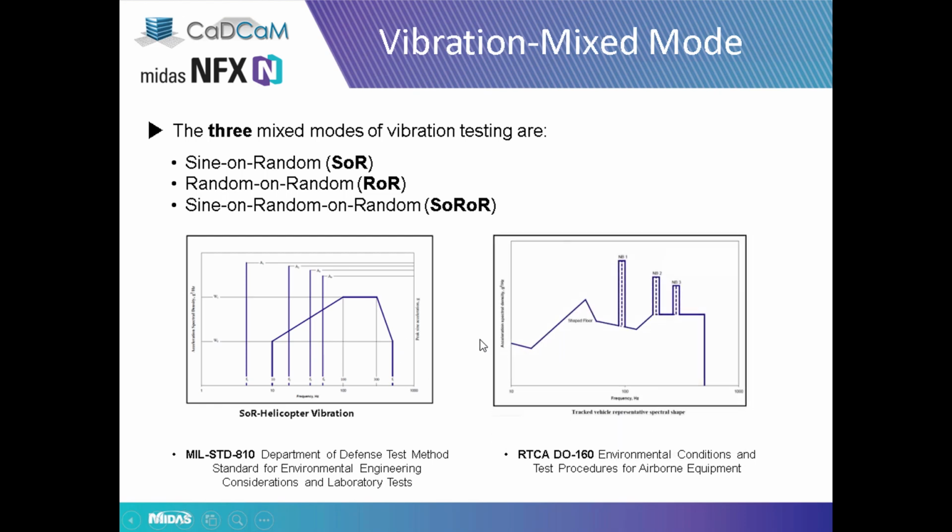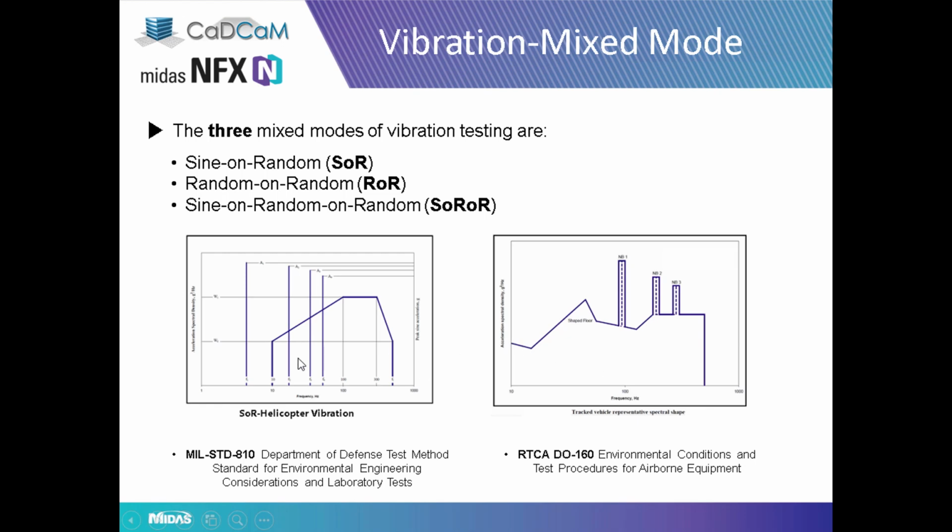And let's see this PSD curve, which comprises the continuous PSD curve and 3 narrow bandwidths. This is for a truck. This presents the truck vibration condition that the truck should be exposed to.